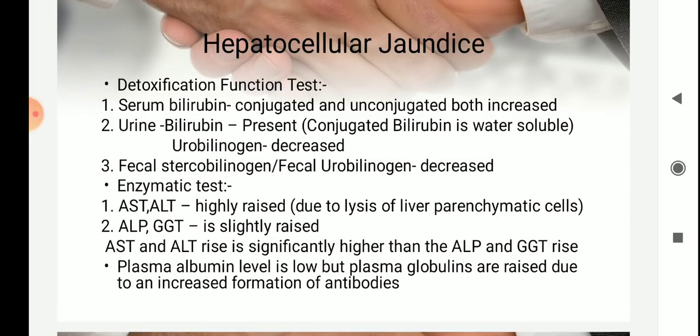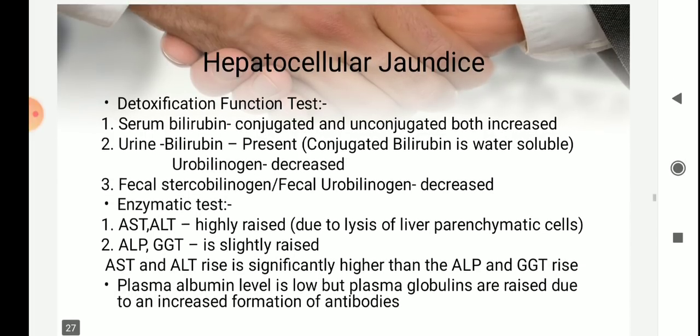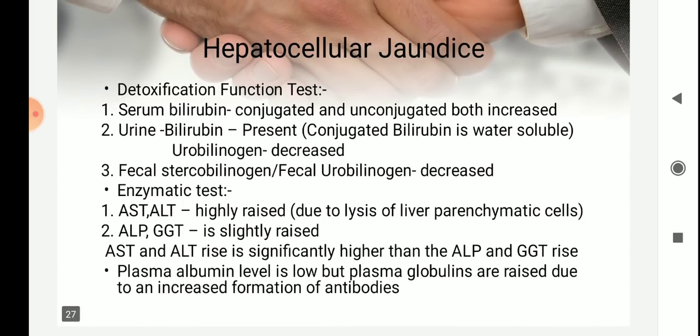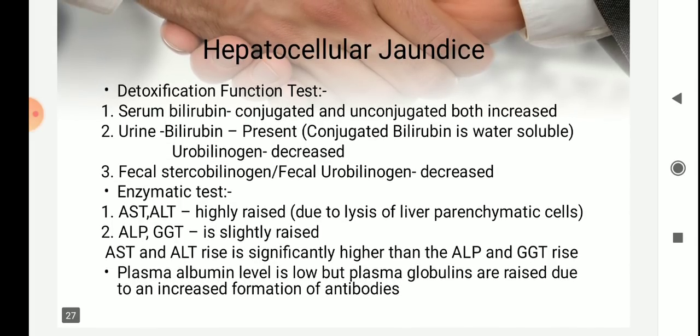Hepatocellular jaundice. So detoxification function tests. The serum bilirubin, conjugated and unconjugated, both are increased. Urine bilirubin present. The conjugated bilirubin is water soluble. Urobilinogen is decreased. Fecal stercobilinogen or the fecal urobilinogen is decreased.